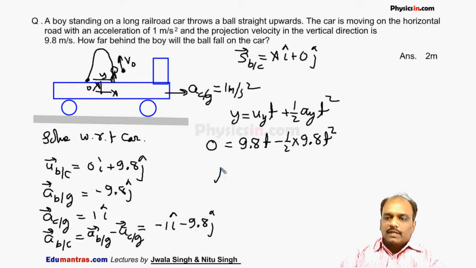So from here we get t, that is equal to, this 9.8 will cancel out, t equal to 2 seconds. This is the time when the ball will strike the floor of this car.